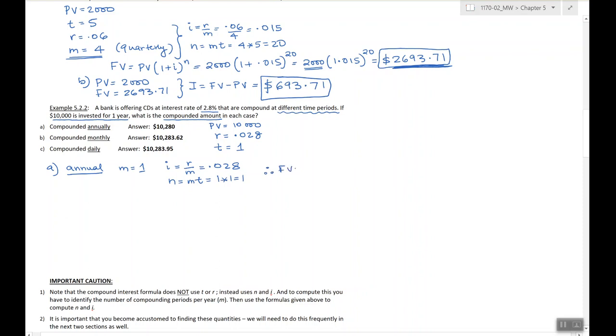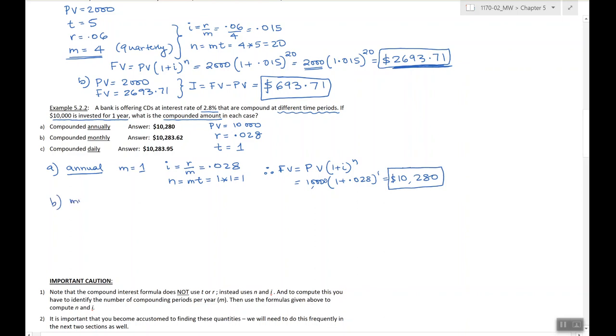Therefore, future value, which is this formula, is going to be 10,000 times 1 plus 0.028 raised to the power 1, and that is going to give me $10,280. So if it's compounded annually, your future value is $10,280.